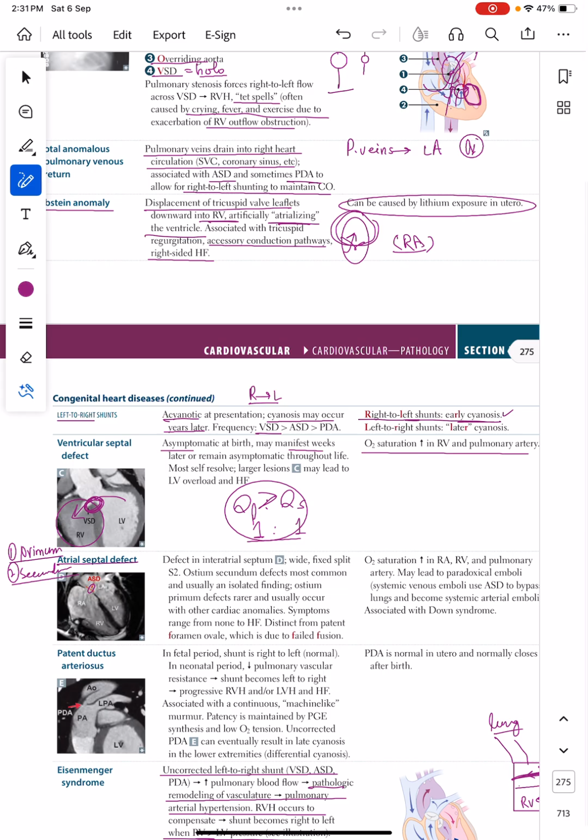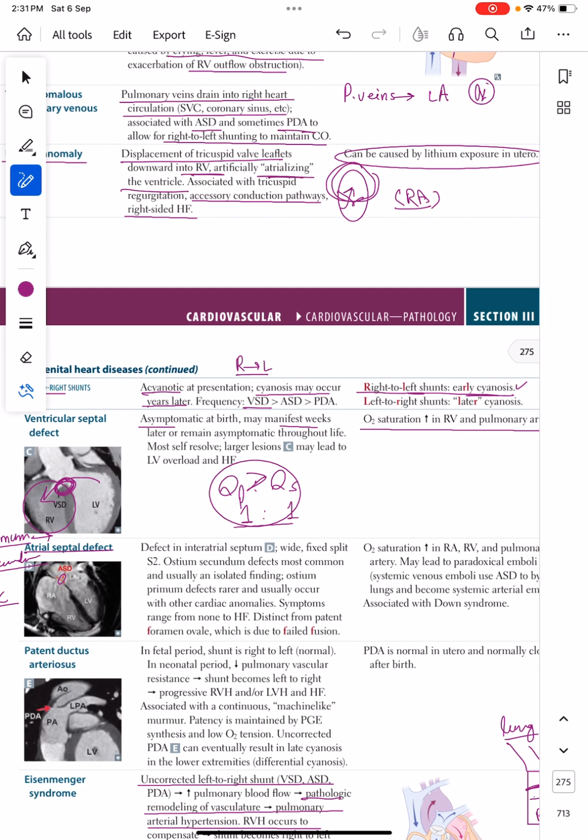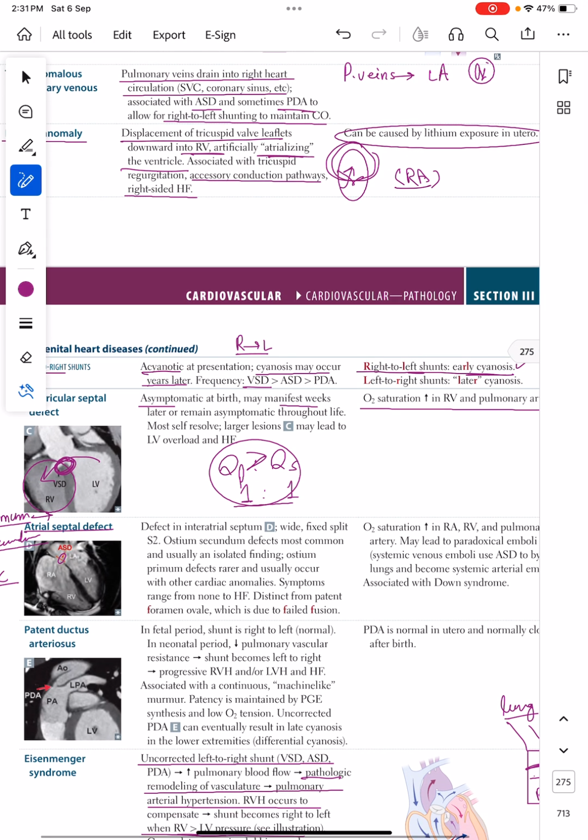The septum secundum type defect is the most common one, and it is an isolated defect. There is no other defect associated with this. But in case of septum primum defect, it is not an isolated defect, it is associated with some other defects as well. It is written here that it is associated with Down syndrome. Why?